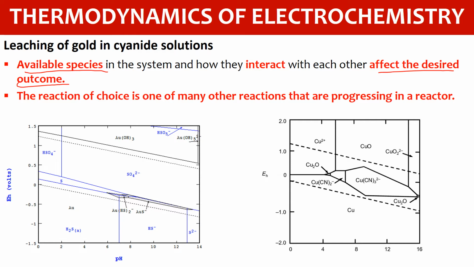The reaction of choice is actually one of many reactions progressing in a reactor. There are so many background reactions also occurring when you are doing your process. Remember, when you're dealing with refractory gold ores, there are three main ways in which your ores can be refractory, though there may be others. First, chemical refractoriness.